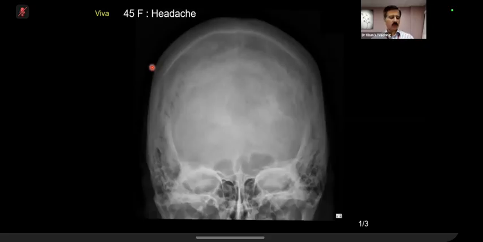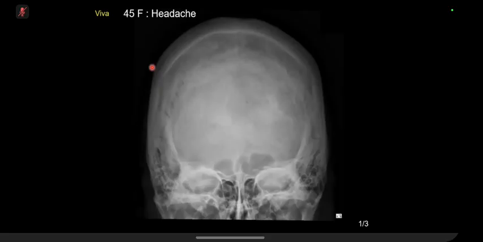Another case for you. It's a 45-year-old patient with a skull extra frontal view, which is demonstrating a relatively ill-defined lucent lesion with a bit of permeative appearance on the left frontoparietal aspect. This has got a bit of focal density within it.